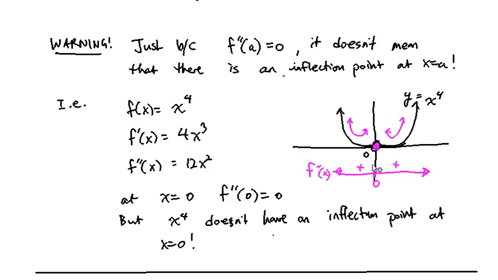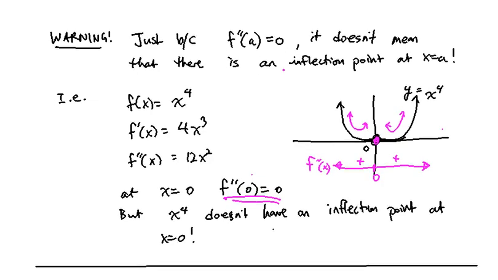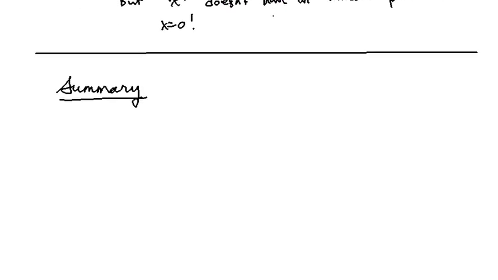Because there is no change in concavity, there is no inflection point. So don't assume that just because the second derivative goes to 0 at a point that there's an inflection point. That is a wrong conclusion.